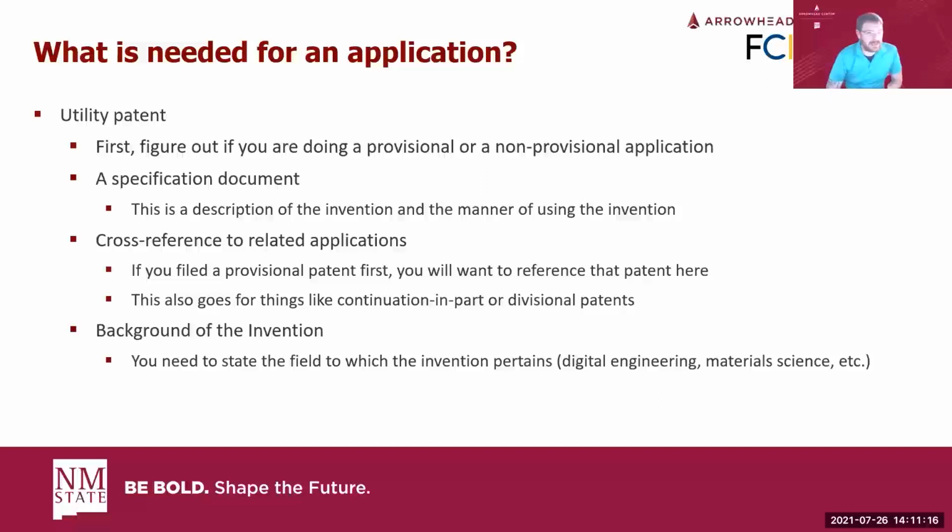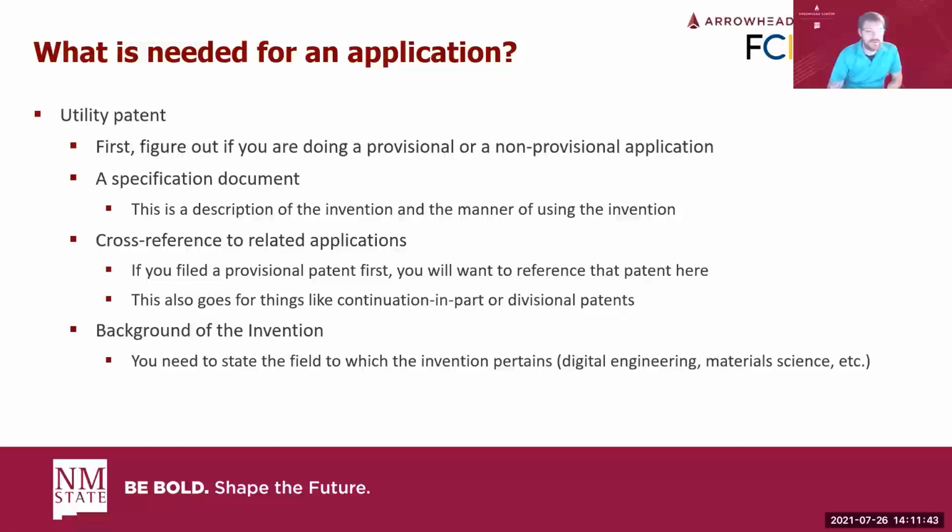Next, cross-reference to related applications. So if you filed a provisional, you'll want to reference it here. This is also where you put things like continuations-in-part and divisional patents. If this is a derivative of it, but with a monumental change, this is where you put that information and reference that prior work.